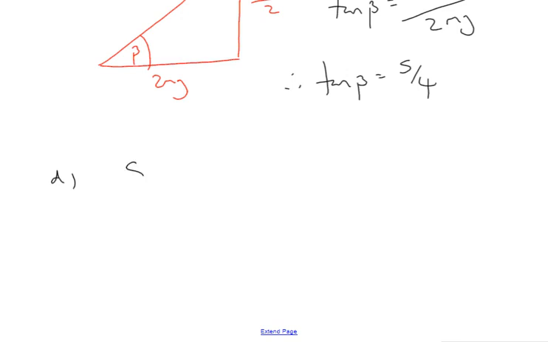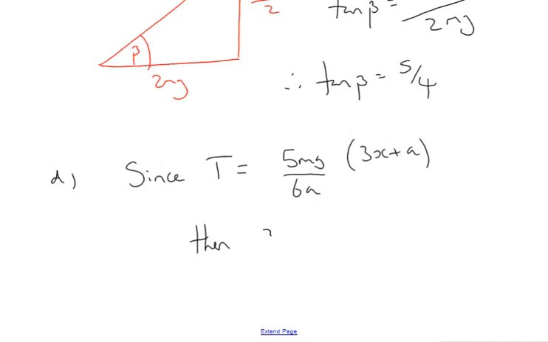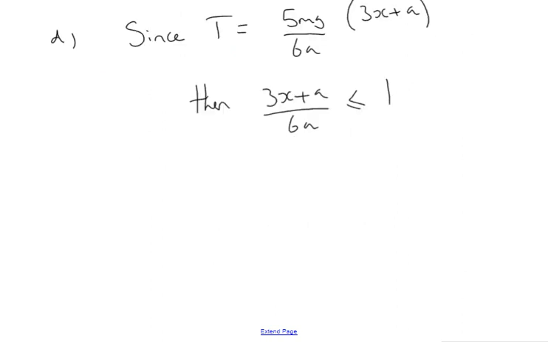Okay, since T, the tension in the string, is 5mg over 6a times (3x plus a), then we require (3x plus a) over 6a to be less than or equal to 1, because the maximum tension is 5mg, so anything over that and the string breaks.